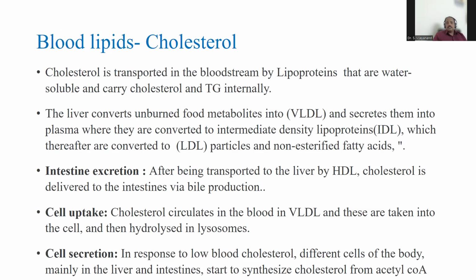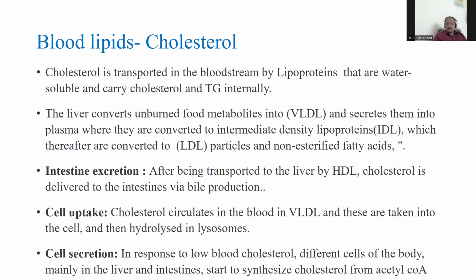These cholesterols are mainly transported in the bloodstream with the help of lipoproteins, and they reach the liver, where they can be converted to different forms of lipoproteins, especially very low density lipoproteins, intermediate density lipoproteins, and low density lipoproteins.